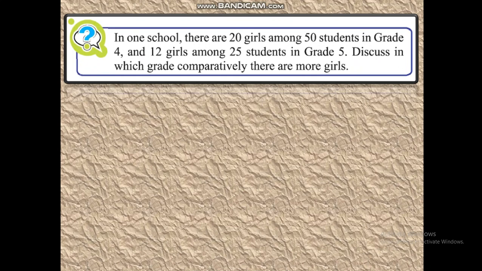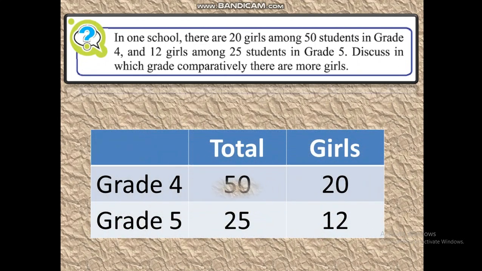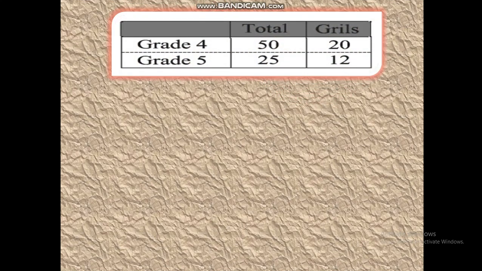That means in grade 5 students number is 25 and girls number is 12. Discuss in which grade comparatively there are more girls. In short, grade 4 total students is 50 and girls is 20. Grade 5 total students is 25 and girls is 12.